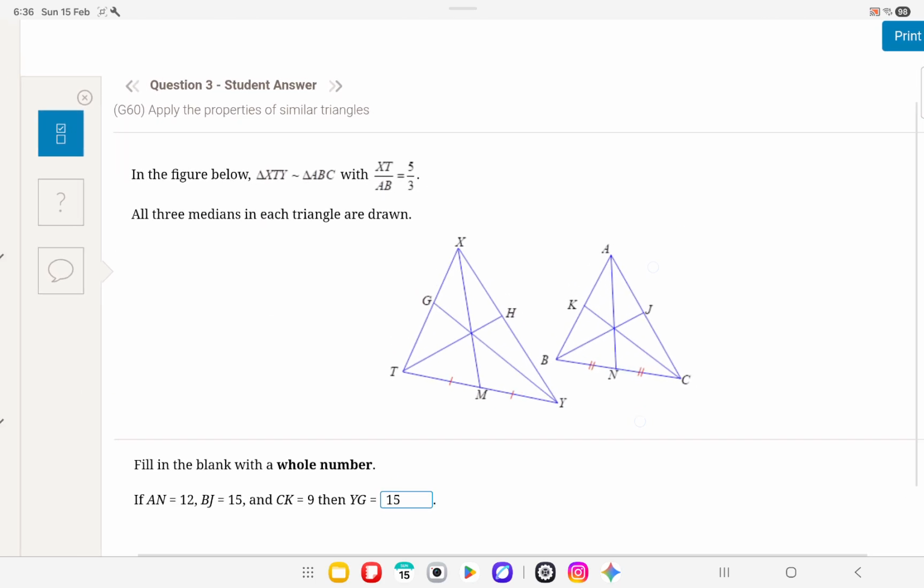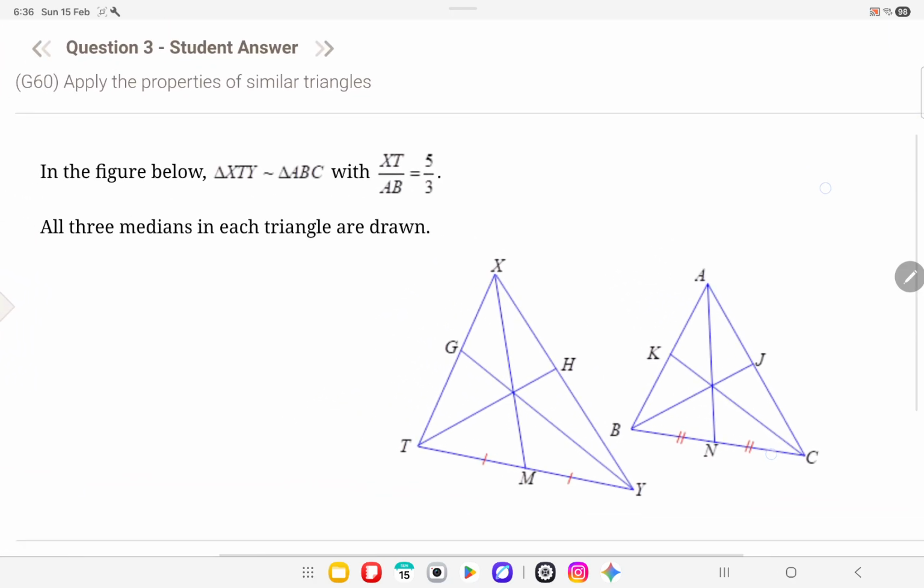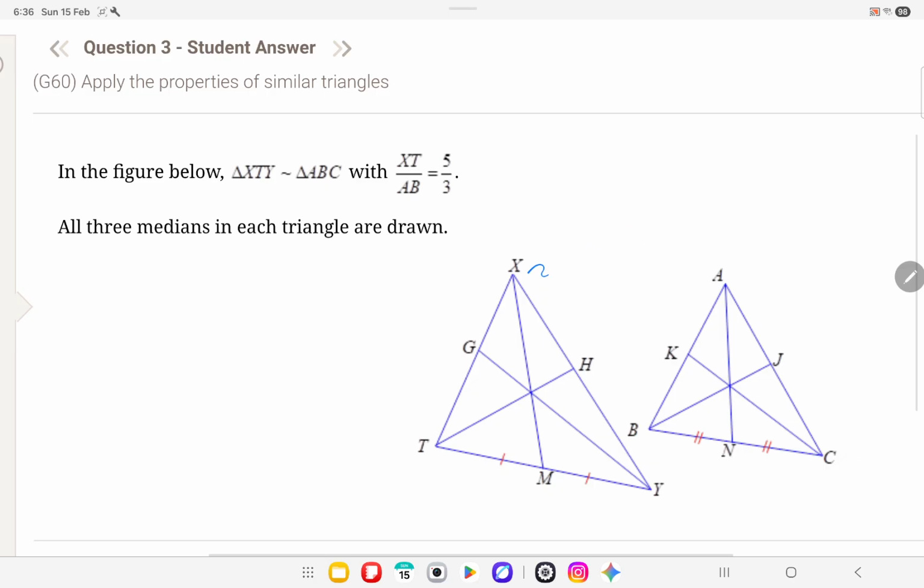Here it's a similar concept. Now we have XT over AB is 5 over 3, right?